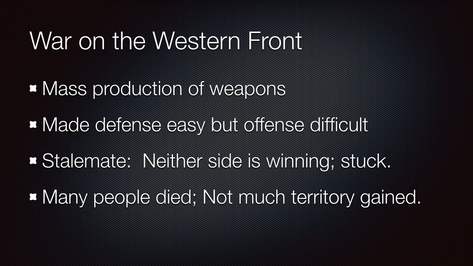So this results in a stalemate in which neither side is winning. They are basically stuck in place. And a lot of people died, but they really did not gain very much territory. So they lost a lot of lives, and it was really horrible conditions for the soldiers who fought in World War I.